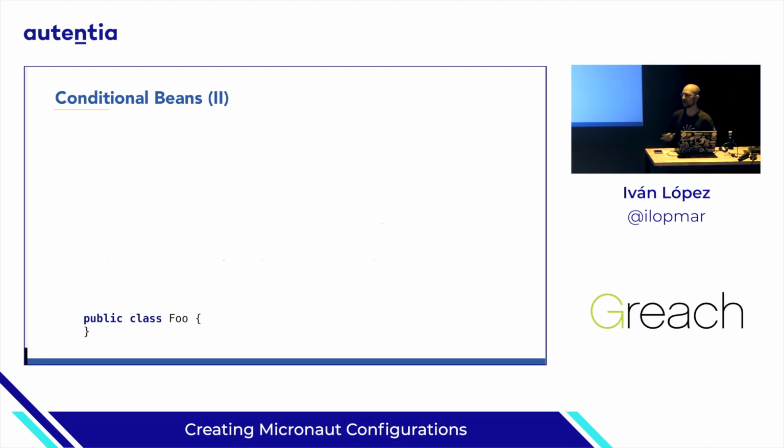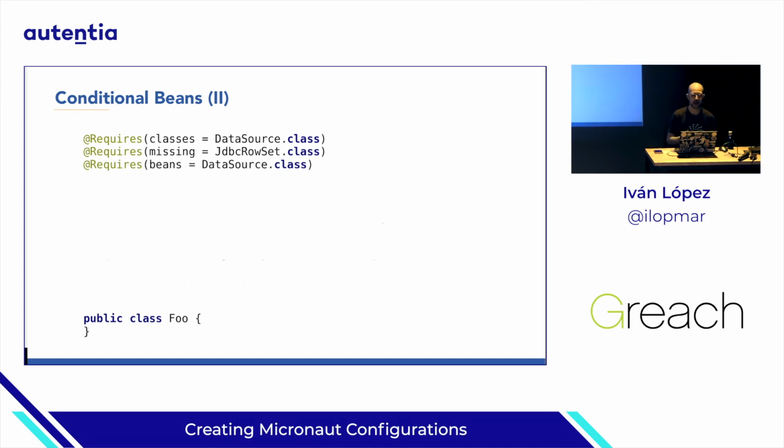And we can use a lot of options. The @Requires annotation provides you so many different ways to define your requirements. You can say, I need this class to be on the classpath, DataSource. Or I need this class to be missing from the classpath, so if it is not there, then I'm going to create the bean to do whatever I want. For example, you can say, I need the bean. And please don't confuse classes with beans.